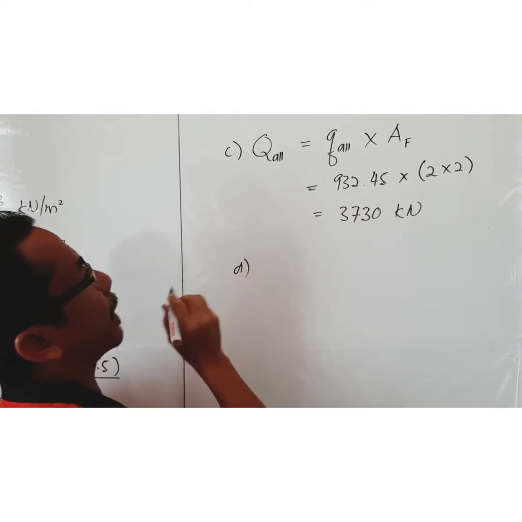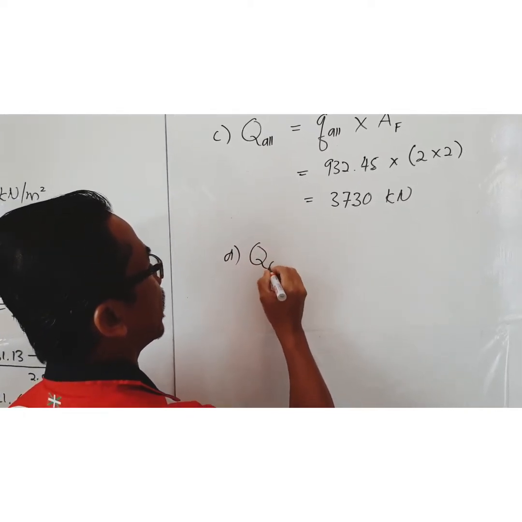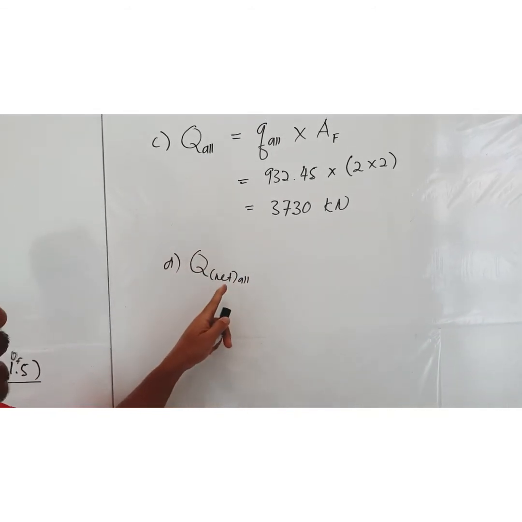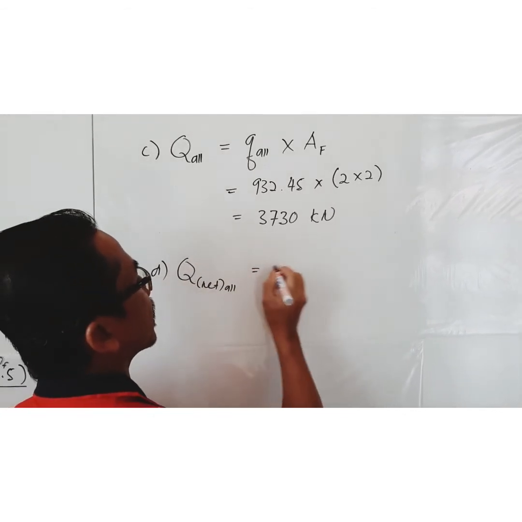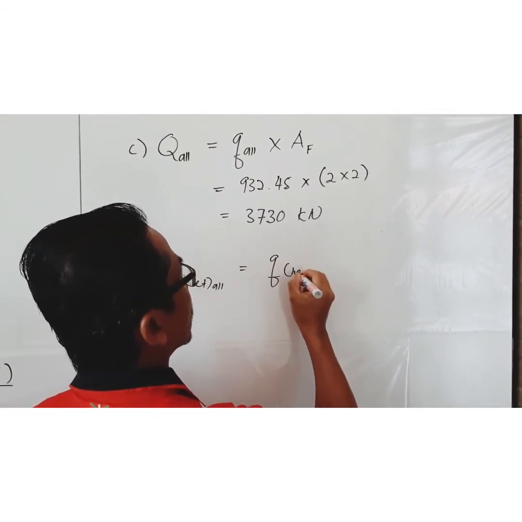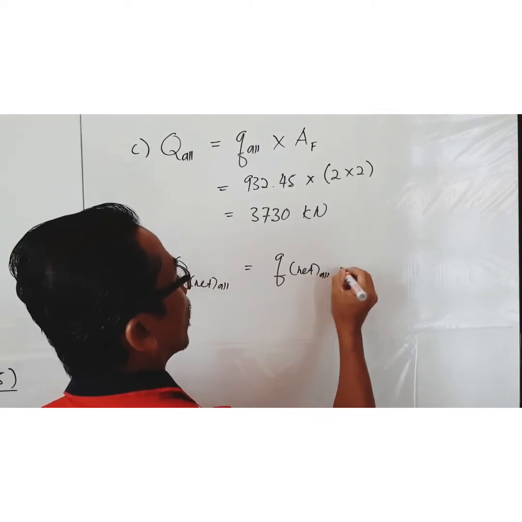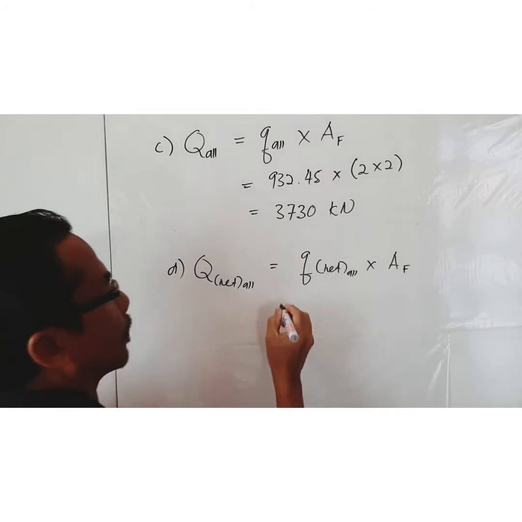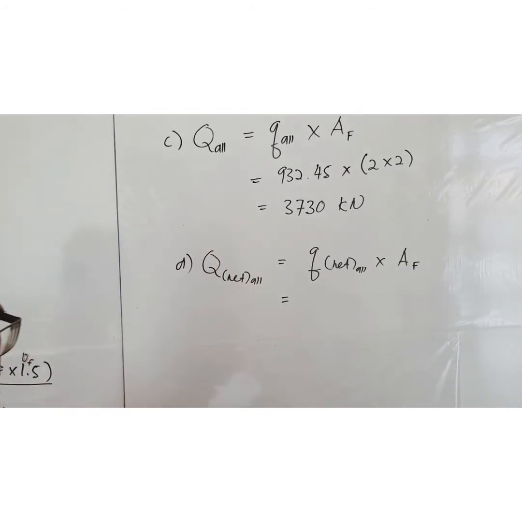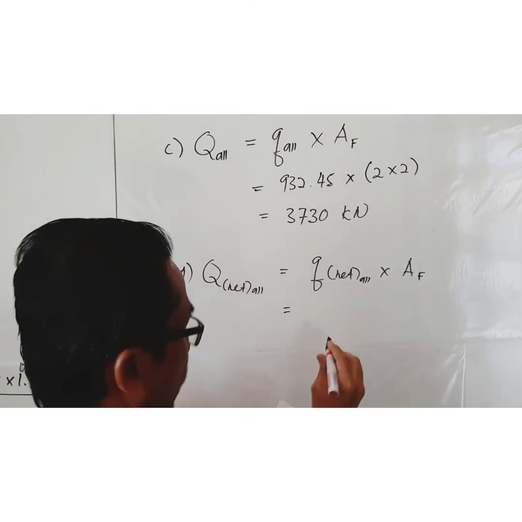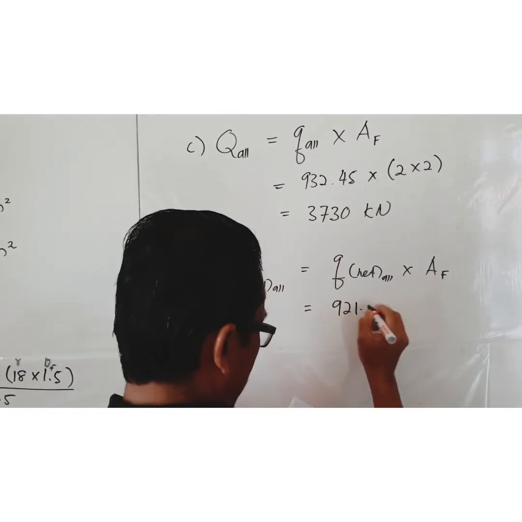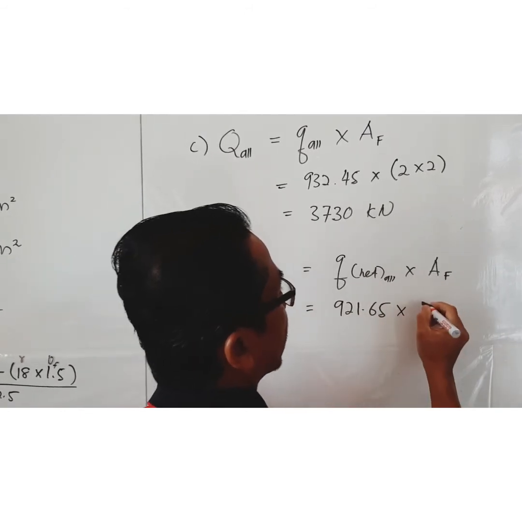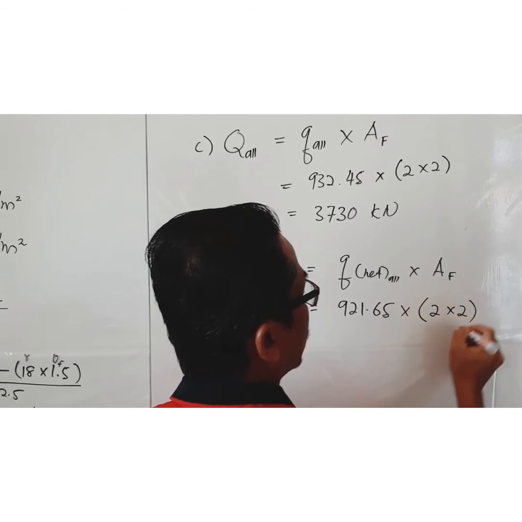Now, finally, we calculate the net allowable load, capital Q sub net all, which is equal to small q net all multiplied by the area of the footing, right? For q net all, you refer back to part B of the example, which is equal to 921.65 kilonewton per meter squared multiplied by the area of the footing, 2 meters by 2 meters.